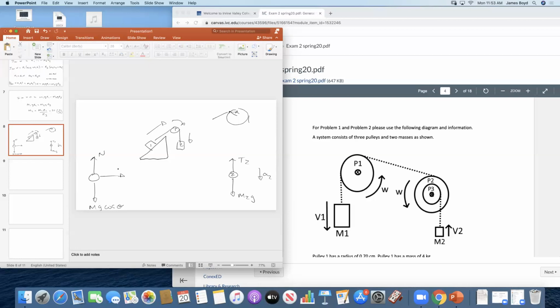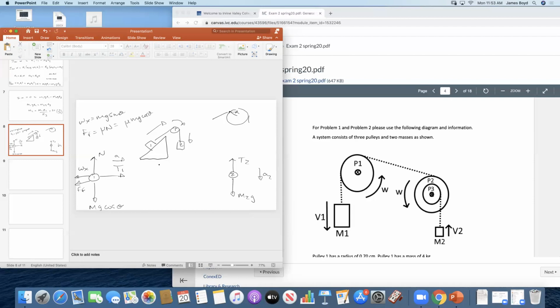It would have tension going up, which we'll call tension 1. It's going to have weight x going down, and remember that weight x is mg sine. And then the last thing you have is your force of friction, which is mu n, which is mu mg cos theta from the y equation there.